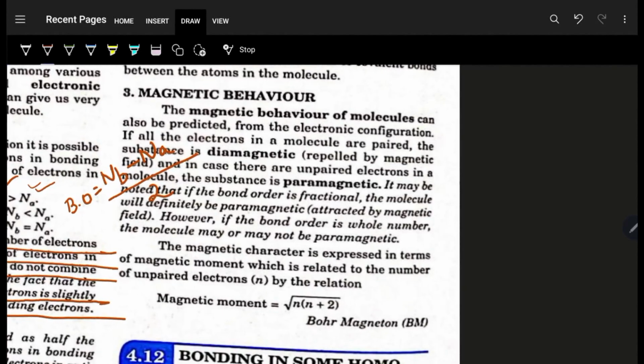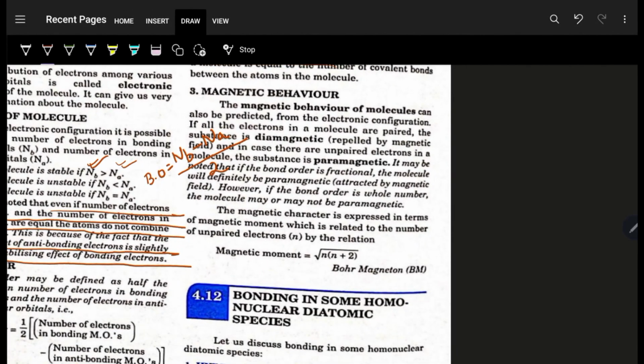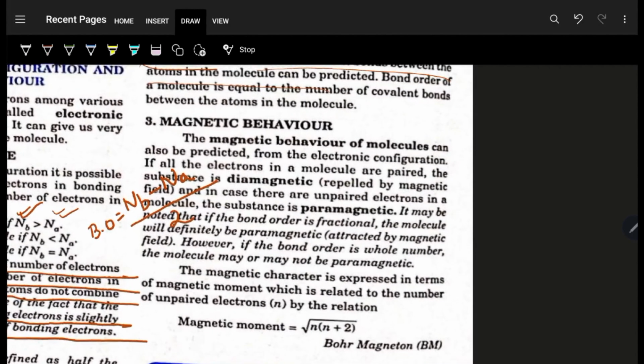Now, magnetic behavior is also judged by seeing the molecular orbitals. How do we have magnetic behavior like paramagnetic and diamagnetic behavior? Electrons are charged species, so they are supposed to have magnetic behavior.